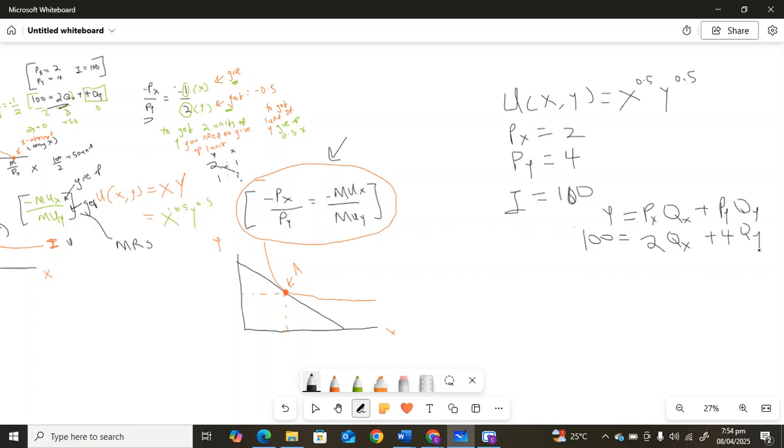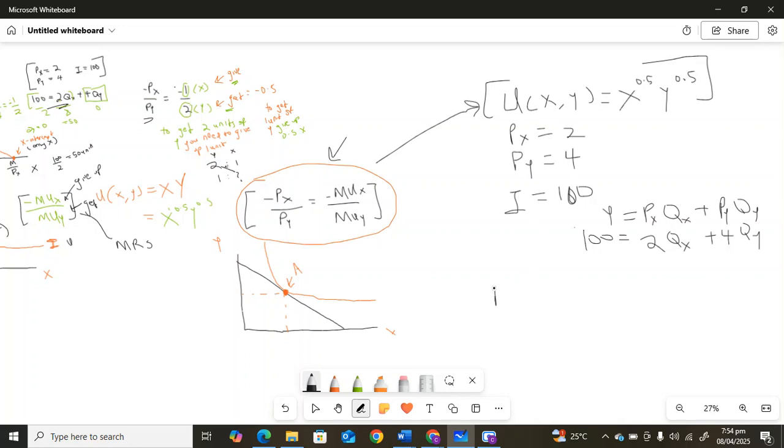Using this equation here, we need to first get our marginal utility for good X. We also need to get our marginal utility for good Y. These marginal utilities, we're going to get them from this utility function here.